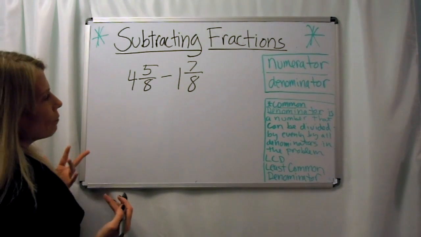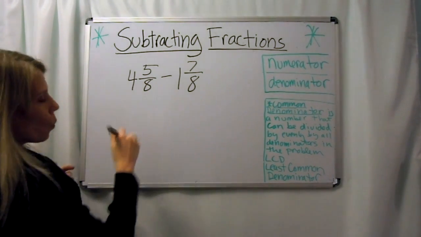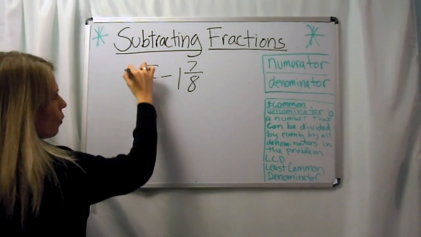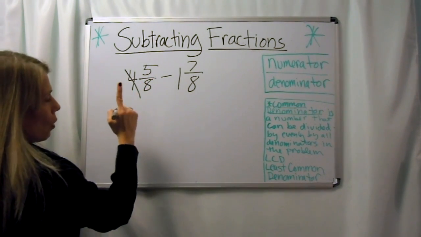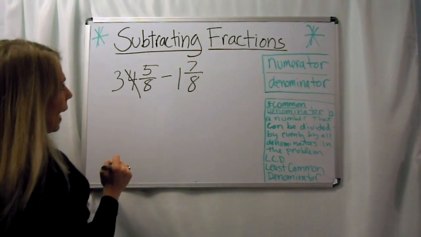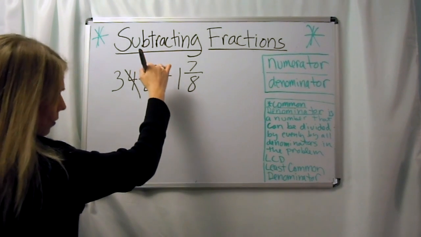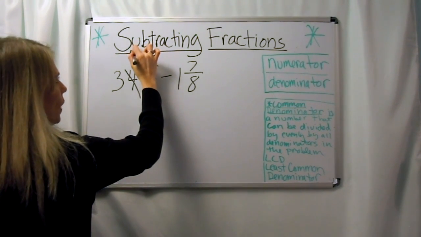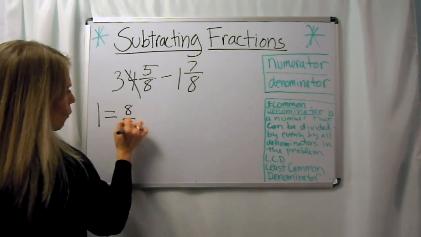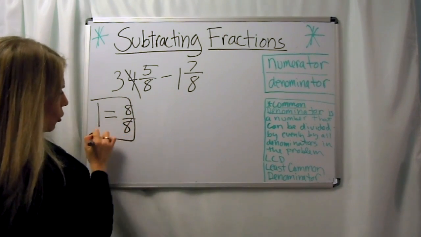So what we have to do here is something called borrowing. I have to borrow 1 from the 4, so this becomes 3. And we're dealing in terms of eighths here, so that 1 unit equals 8/8, because 8 divided by 8 is 1. That's just a little side note.